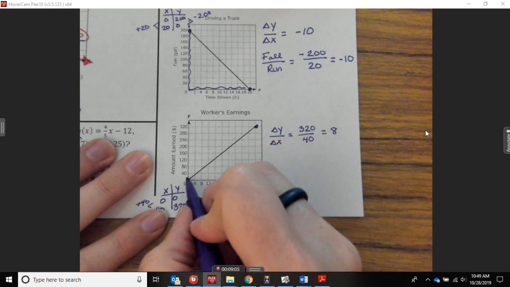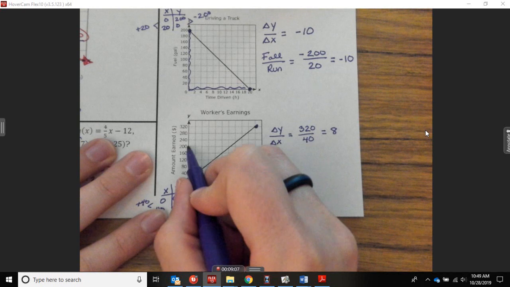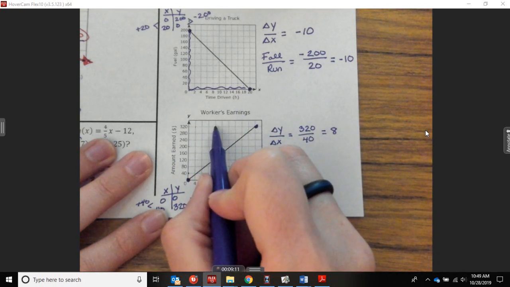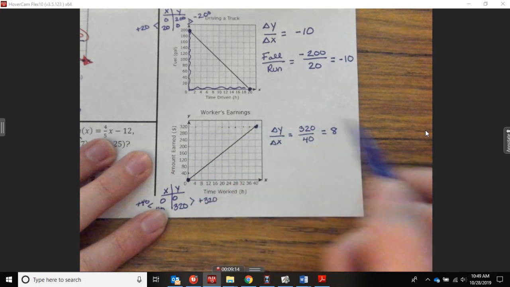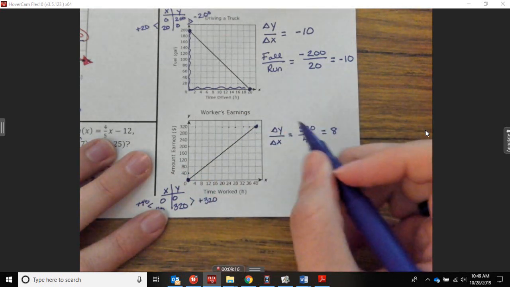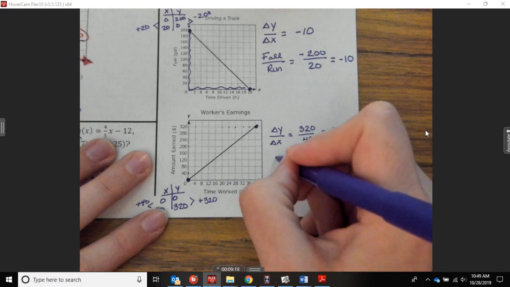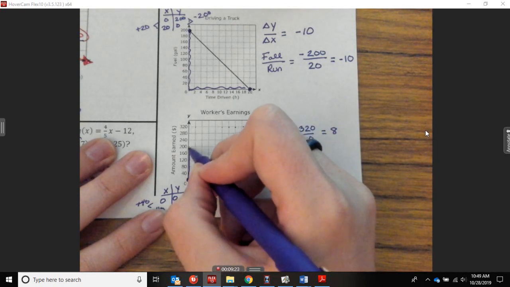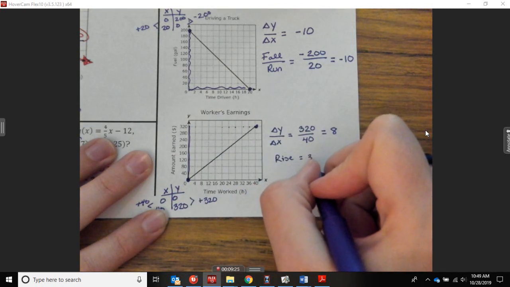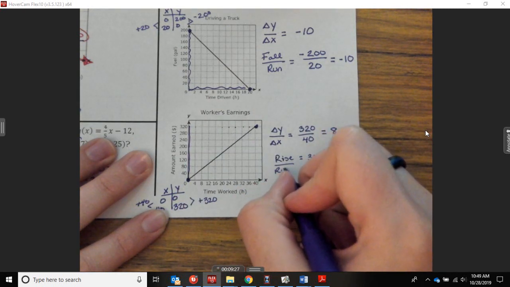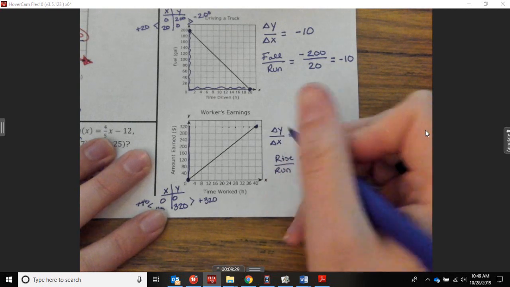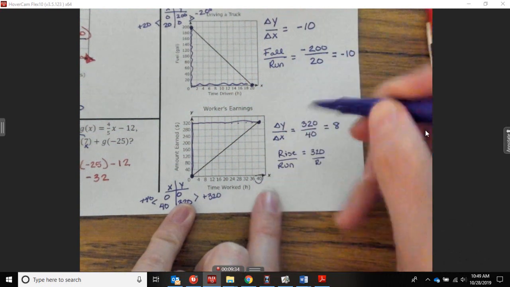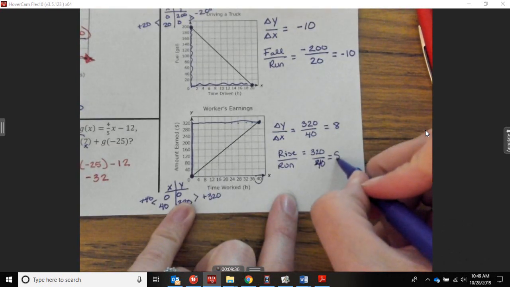I can't count 1, 2, 3, 4, 5, 6, 7, 8 up and then over 1, 2, 3, 4, 5, 6, 7, 8, 9, 10. That's not how that works because it's not going up by 1s, okay? So if I were to rise, I'm rising 320, and I'm running 40, which simplifies to 8.